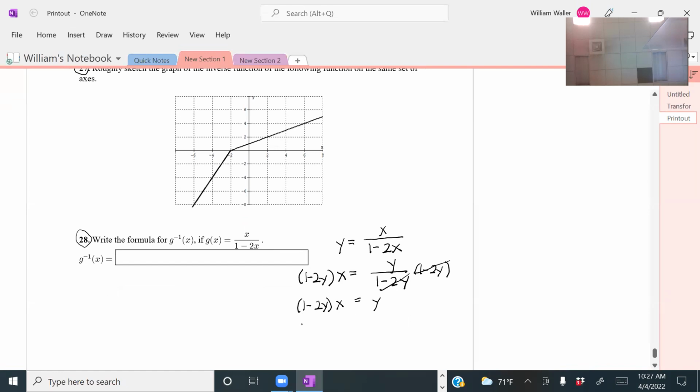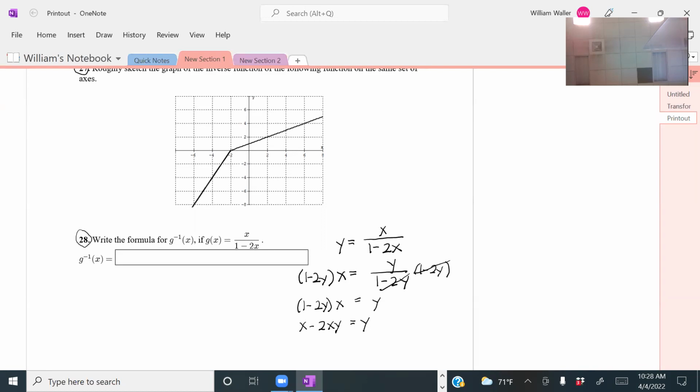So multiply the x through. So you get x minus 2xy equals y. And now here's the other important step. We want to solve this equation for y. So what do we have to do with the equation to solve for y? Not yet. Okay.